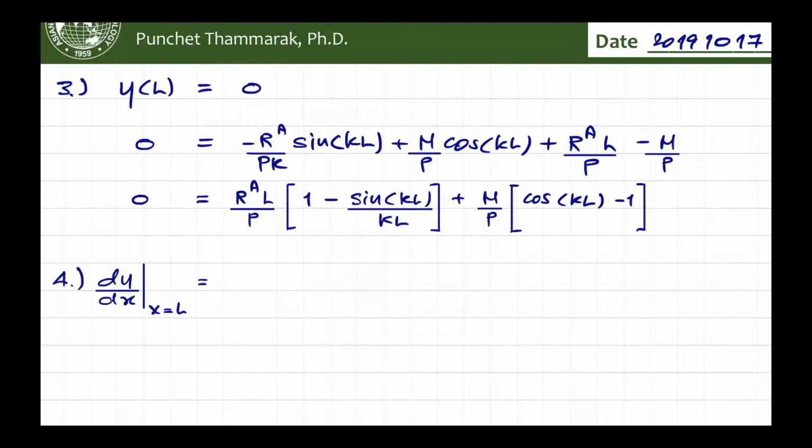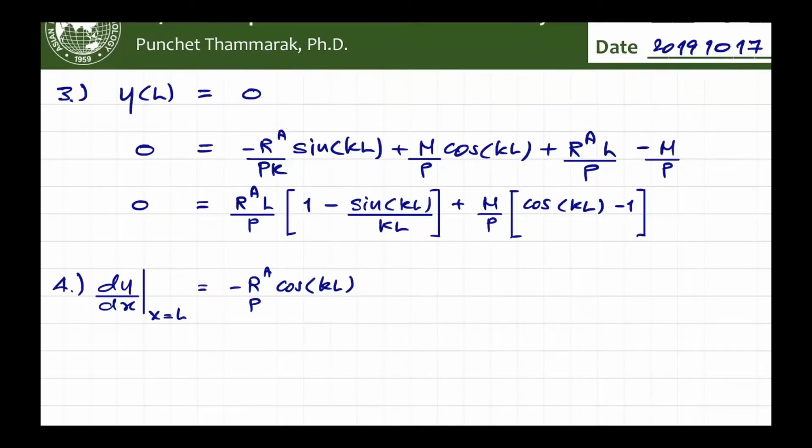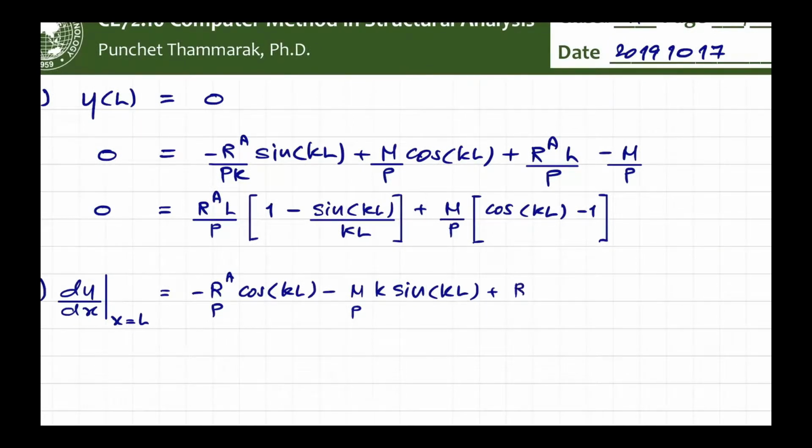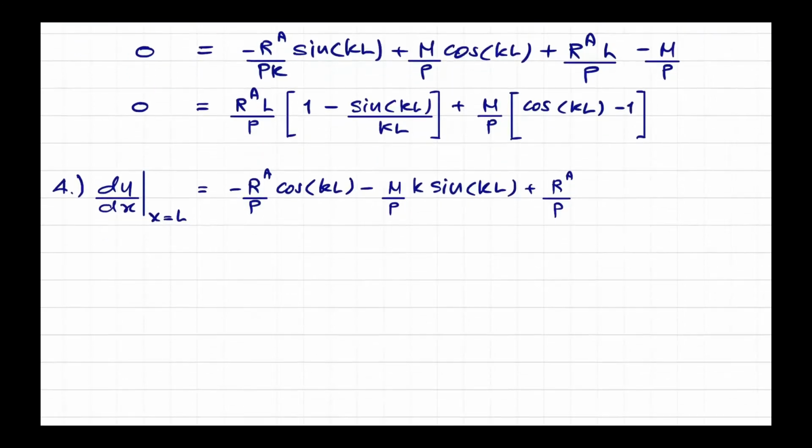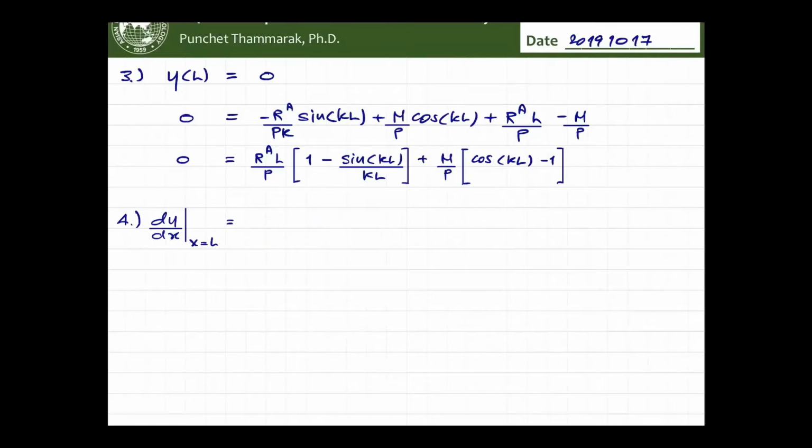So AK cosine will be minus RA over P cosine KL, and then minus M over P K, not cosine, it's the sine, sine KL, and then plus RA over P, equal to 0.